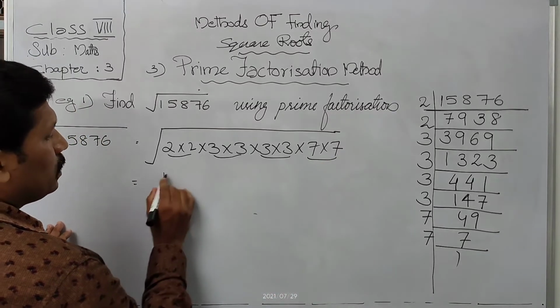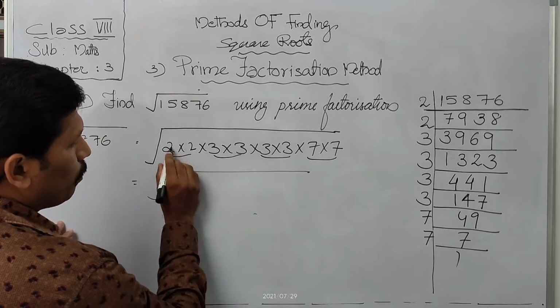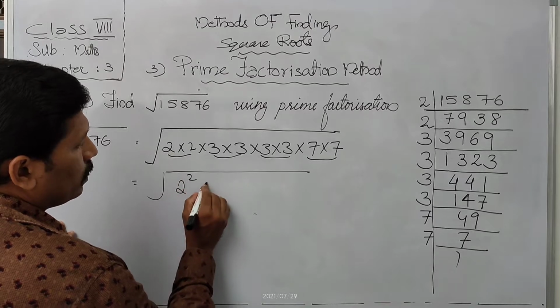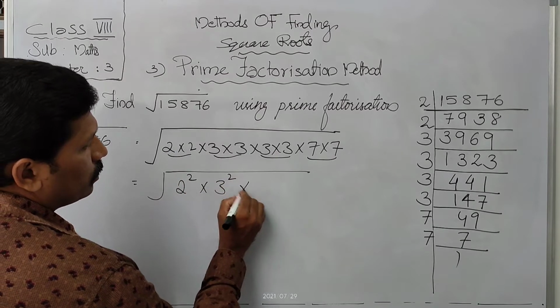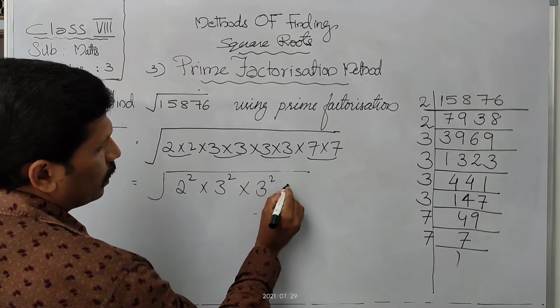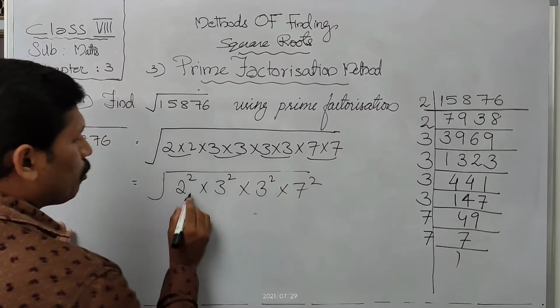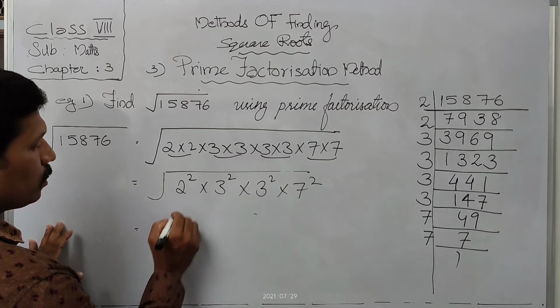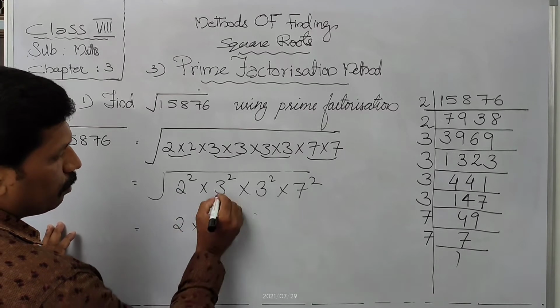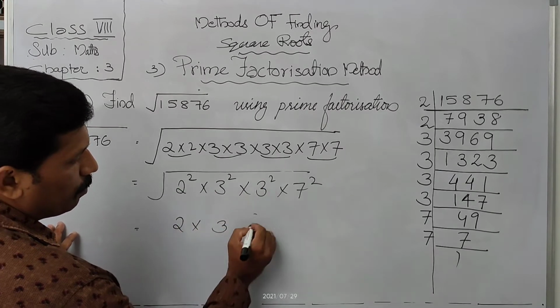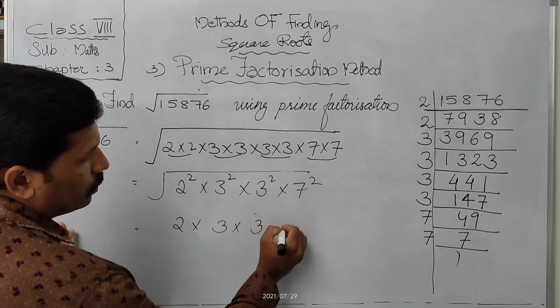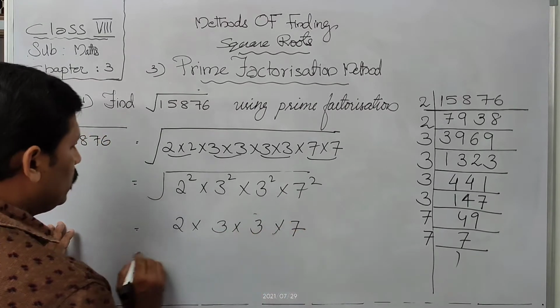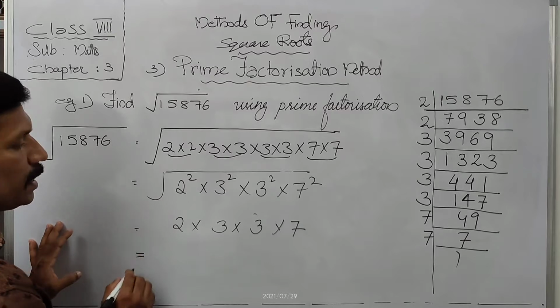So we can again write this in such a way that 2 square into 3 square into, from here again, 3 square into 7 square. And from each pair we take 1, that is already taking the root. So 2 into 3 into 3 into 7. This we multiply. The product will be the root of this number.